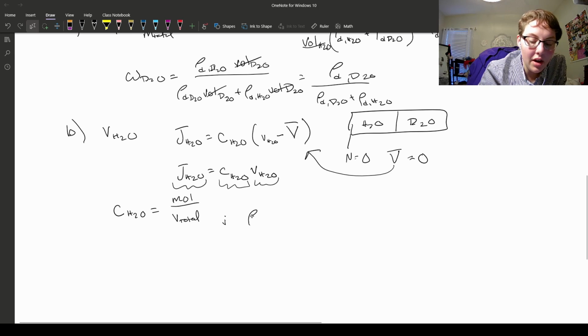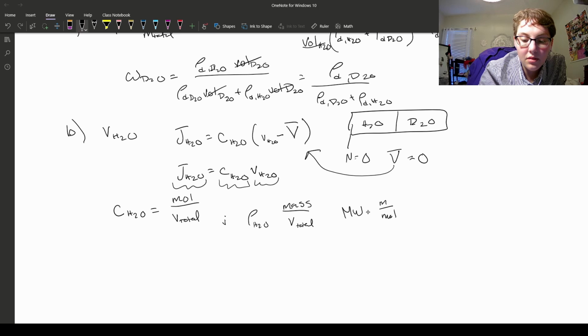We already know that mass concentration is in terms of mass per total volume, and we were also given molecular weight, which is in terms of mass per mole. Using these two, it's pretty easy to see how we're going to get moles per volume total.